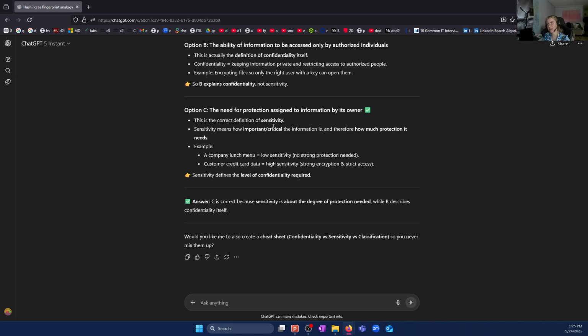Sensitivity means how important and critical the information is, and therefore how much protection it needs. So when you feel sensitive, you need so much protection. Oh, I will remember this. When you're sensitive, you need people who protect you.